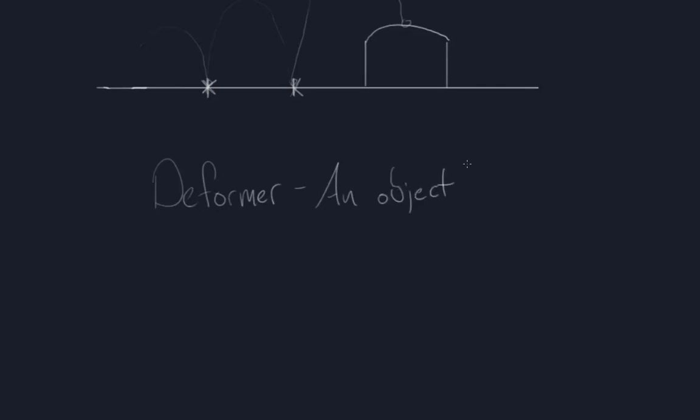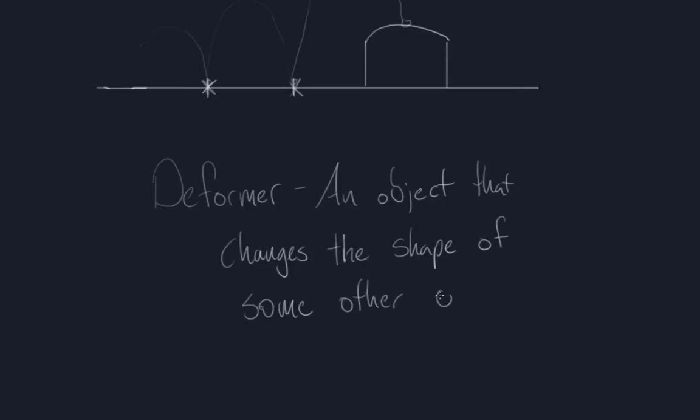It's an object that changes the shape of some other object. A long time ago, you could say that it was an object that changes the shape of geometry. But these days you can apply a deformer to a particle system and to all sorts of other stuff like that. So I'll just say it changes the shape of some other object.